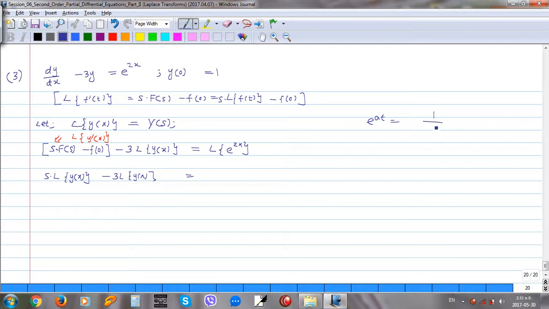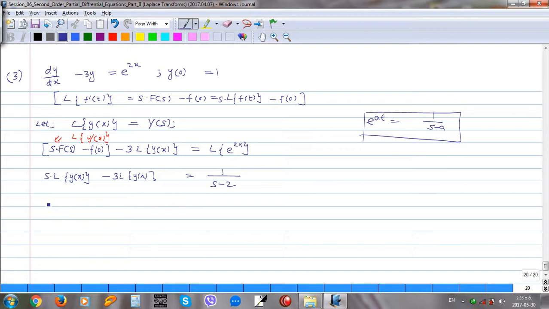the Laplace transformation of e to the power at, which is 1 over s minus a. We can apply here 1 over s minus 2, where a equals 2.